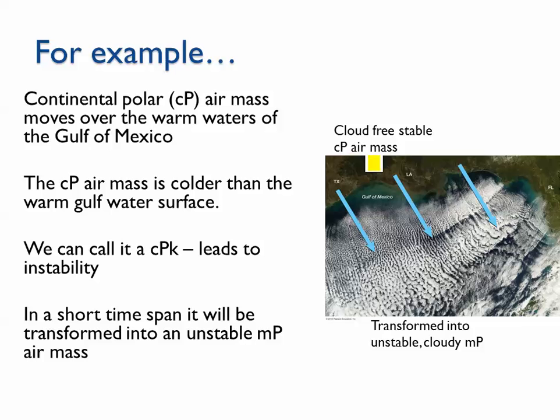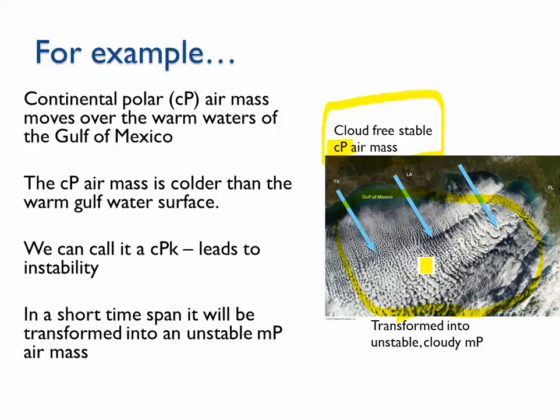Here is a CP, so what's that? Continental polar. Continental means dry. P means polar or cold. So C is continental dry, P polar cold. Air mass moving over the warm waters of the Gulf of Mexico. So that's going to be a K designation because we have colder air than the surface over which it moves.